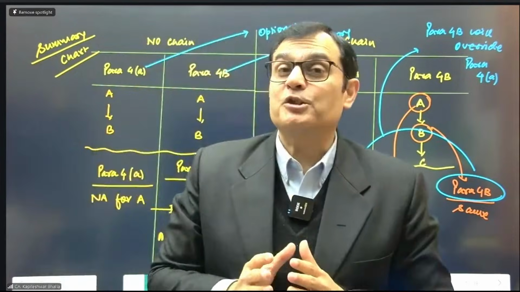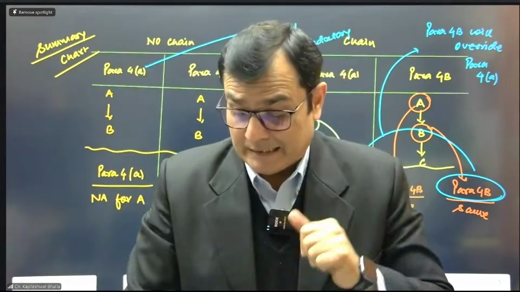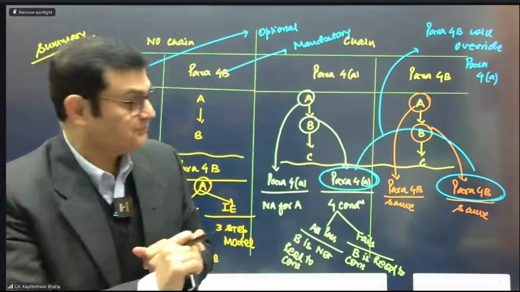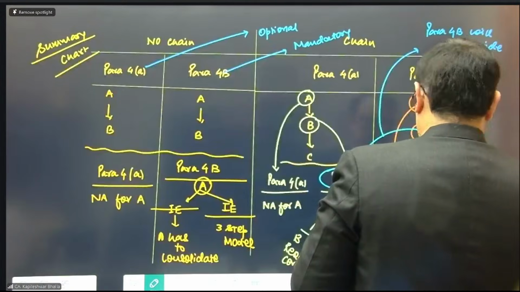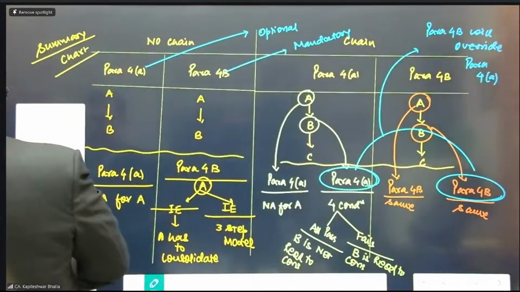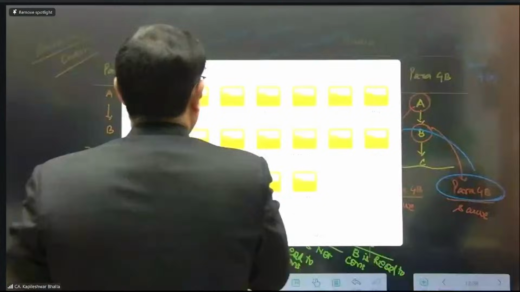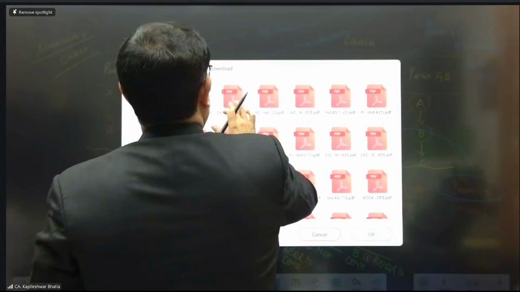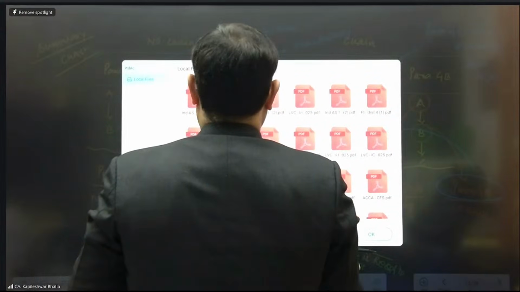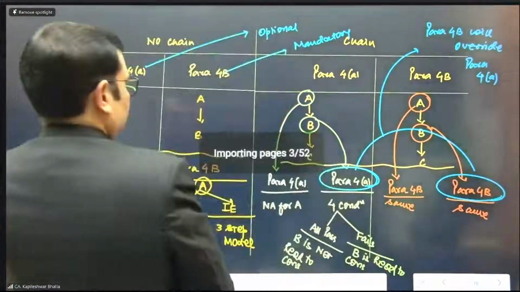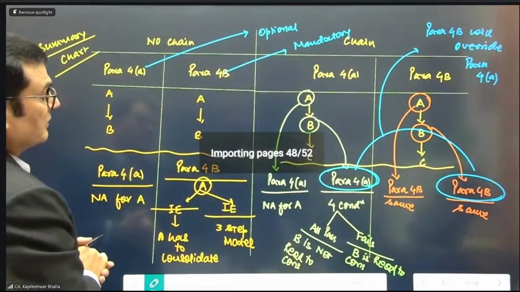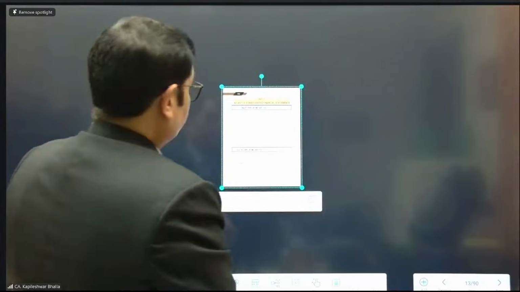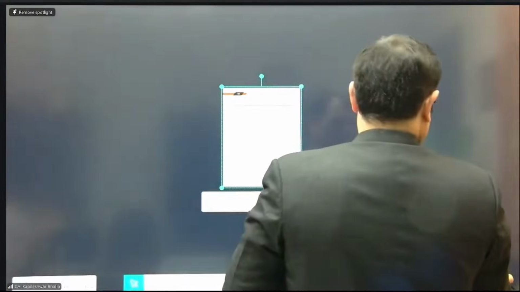So now I think we're in a position to do some questions on this area in the study material with you. I am just going to add the study material at this stage. So this is the study material which I'm uploading for reference.